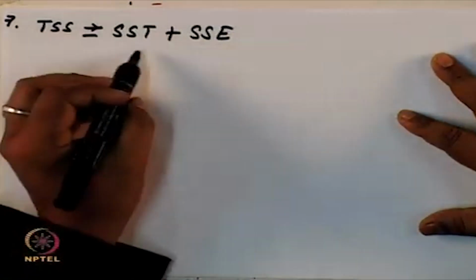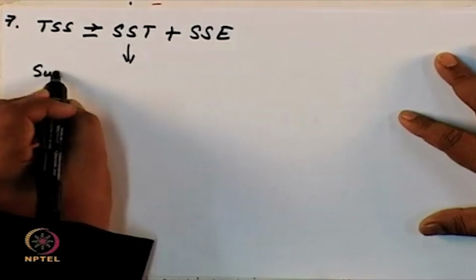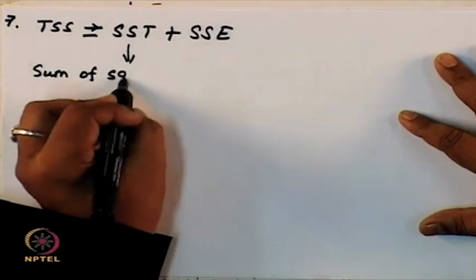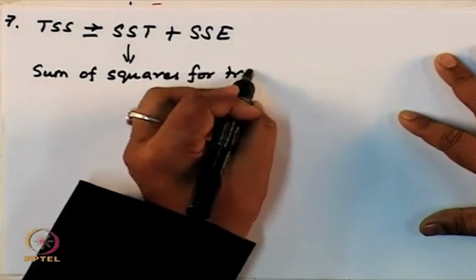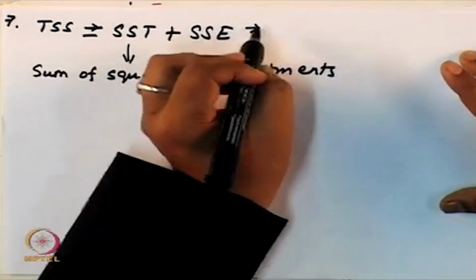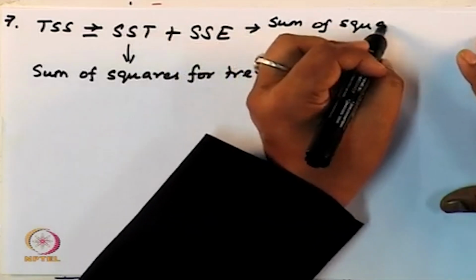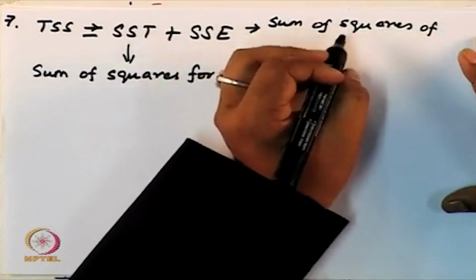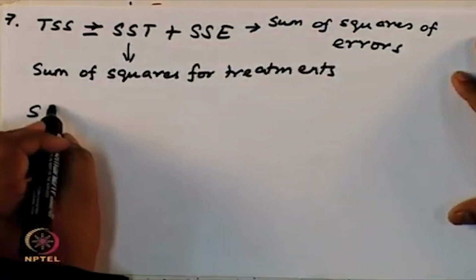SST stands for sum of squares for treatments, and SSE stands for sum of squares of errors.